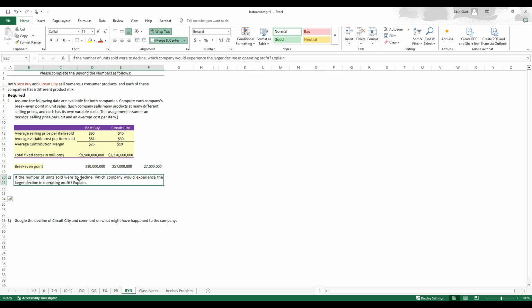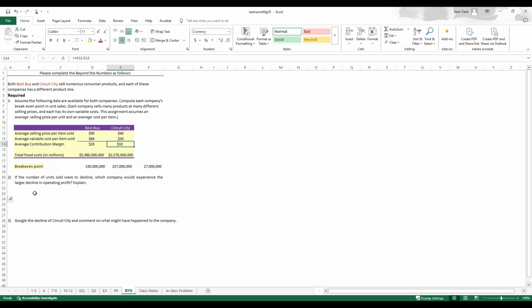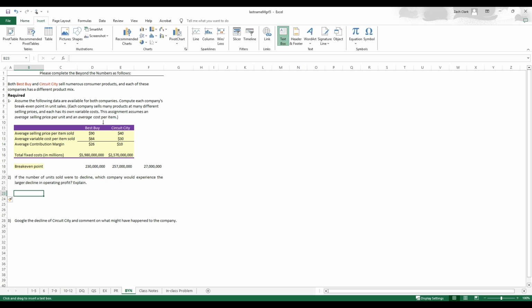And then problem 2, let's take a look real quick here. If the number of units sold were to decline, which company would experience the larger decline in operating profit? So let's see here. It's kind of interesting because when you think about this, it's essentially saying that each product we sell has more profit.